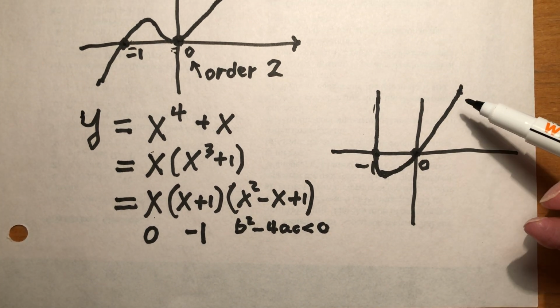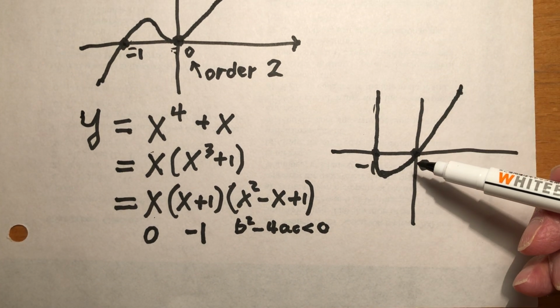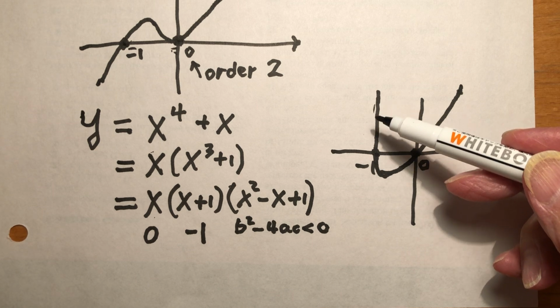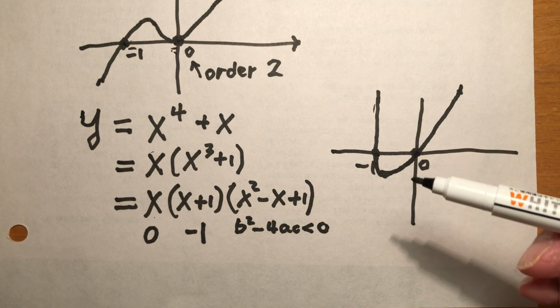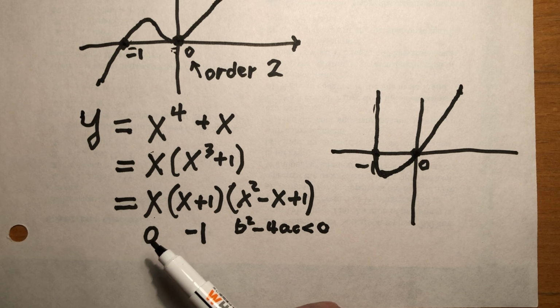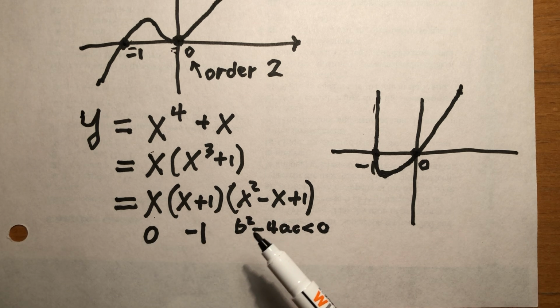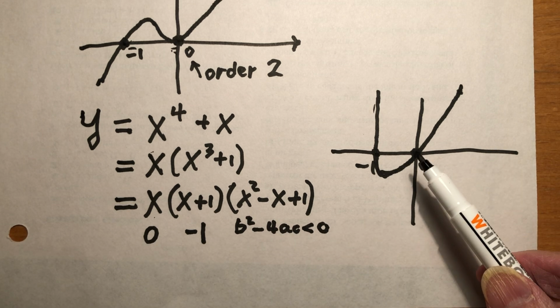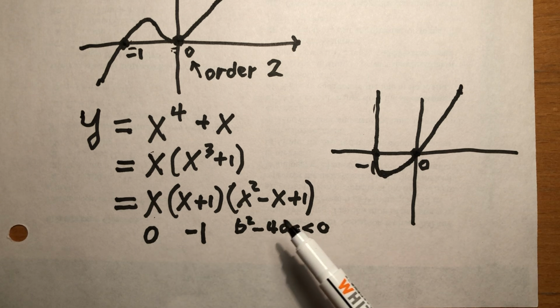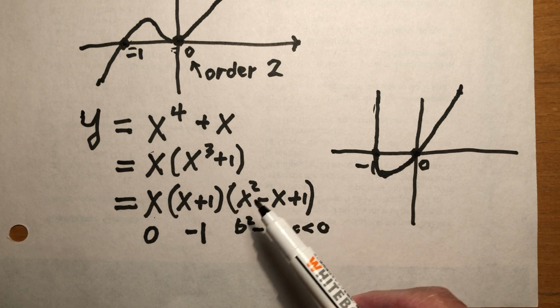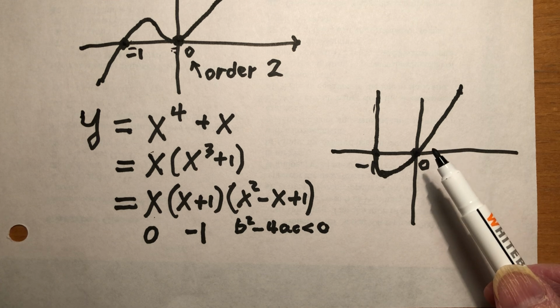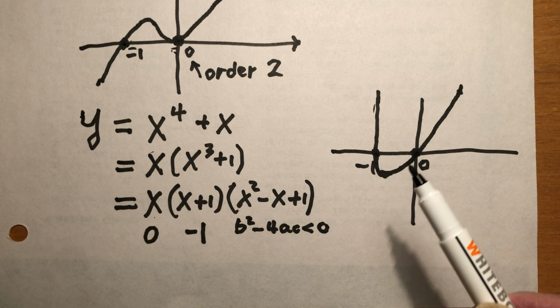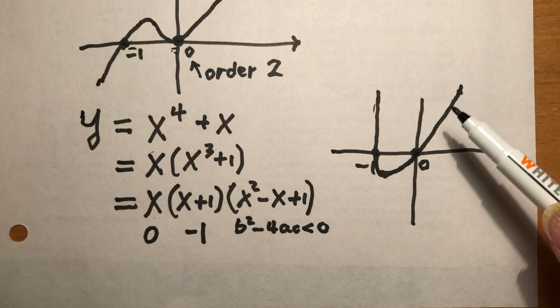Just look carefully. This graph looks like that. Two x-intercepts. Y-intercept is 0 also. This part has no solution, so two x-intercepts. The graph looks like that.